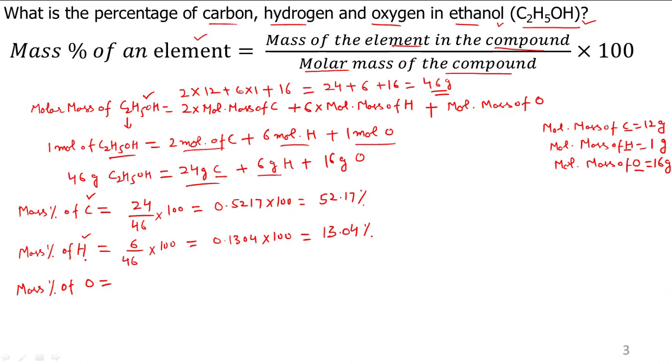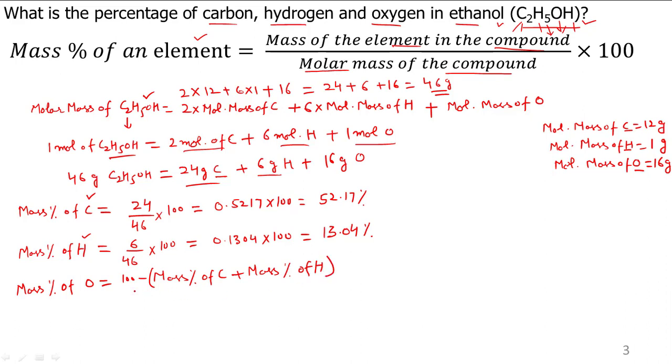Now we have to calculate mass percent of oxygen. As I said, ethanol has 3 elements: carbon, hydrogen and oxygen. Now we know the mass percentage of carbon, we know the mass percentage of hydrogen, so we can easily calculate the mass percentage of oxygen as 100 minus the mass percent of carbon plus mass percent of hydrogen.